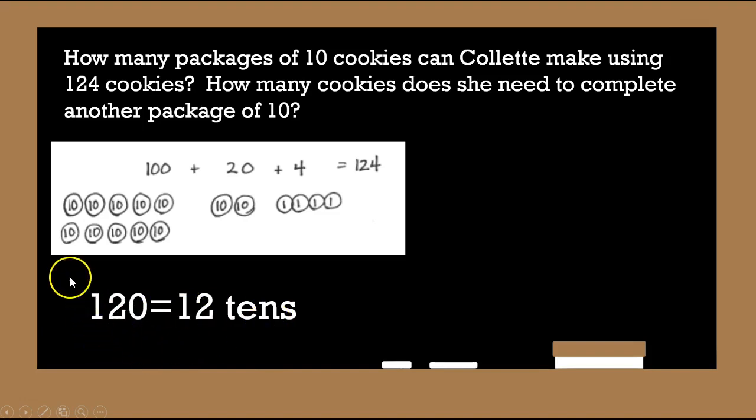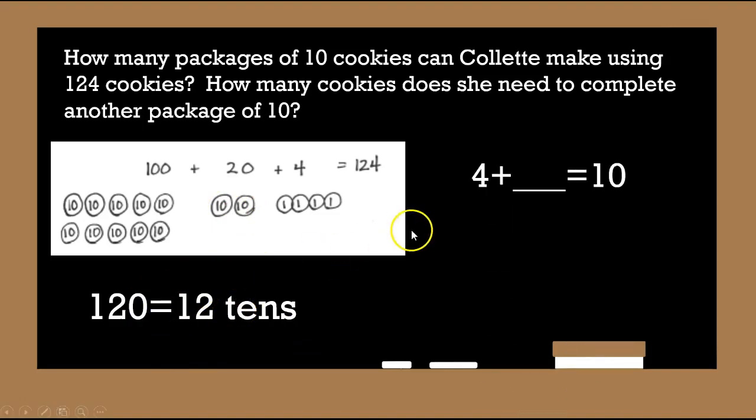Let's count and see if that's right. 100 plus 20 is 120. That's where I got this. And let's count how many tens. 1, 2, 3, 4, 5, 6, 7, 8, 9, 10. Plus 2 more. 10, 11, 12. 12 tens. There we go.